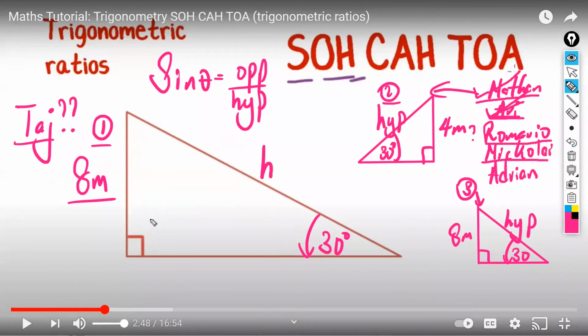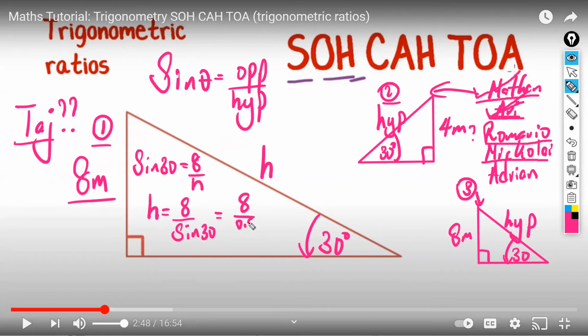Cool. And in this case, sine 30 is equal to 8 over the hypotenuse. So the hypotenuse is going to be equal to 8 divided by sine 30. And 8 divided by 0.5 would give us 16 meters, right?